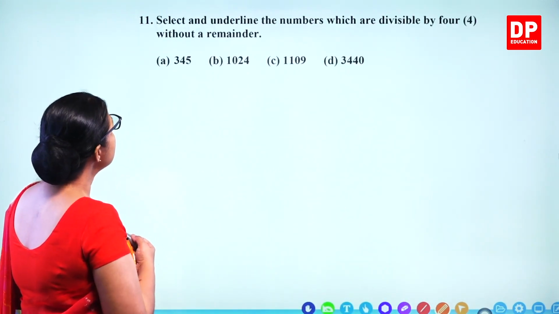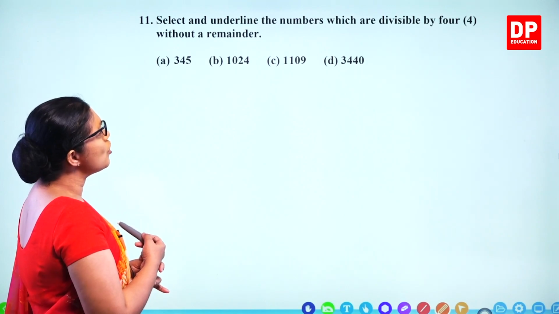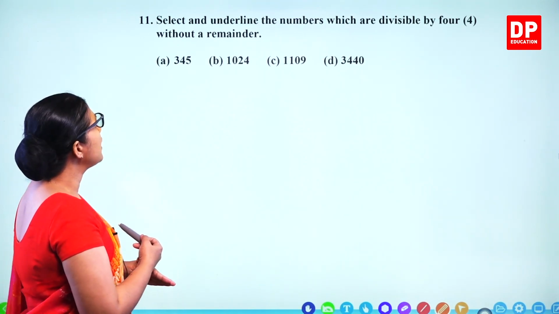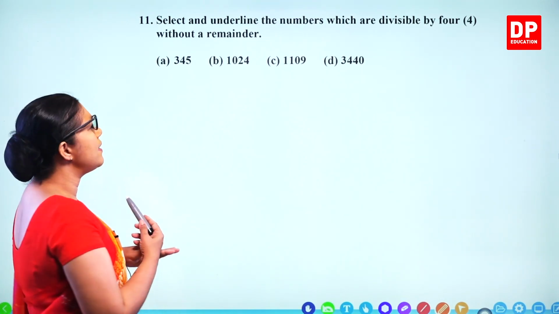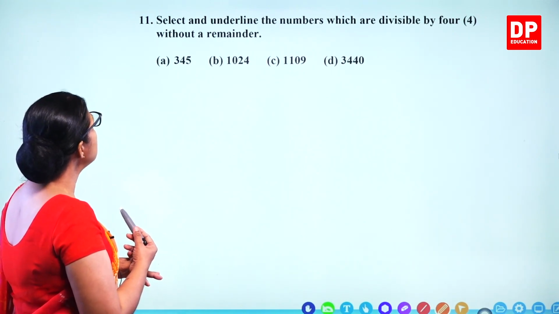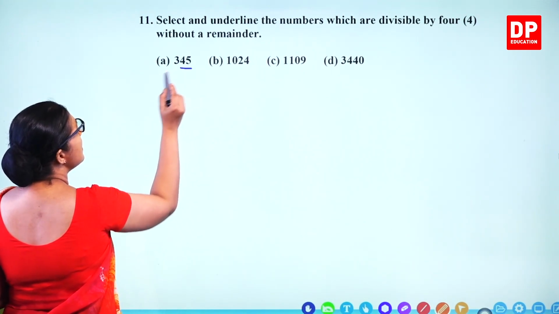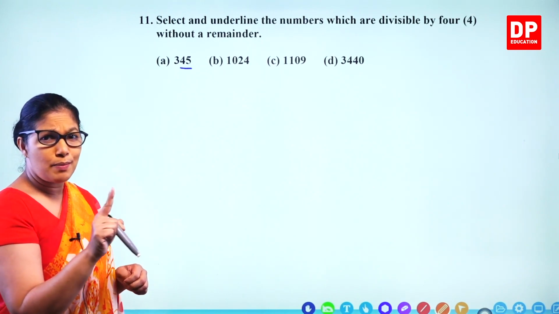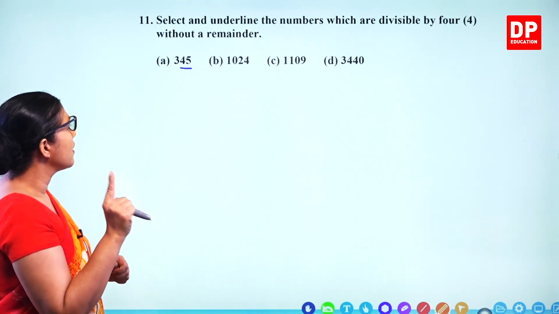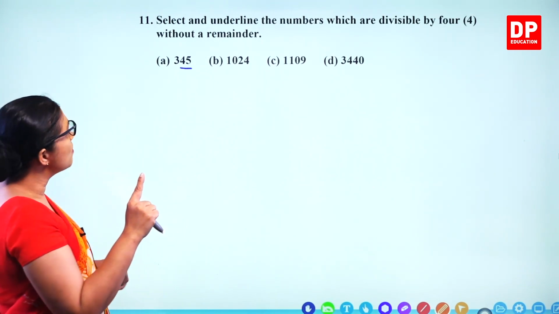Question number 11. Select and underline the numbers which are divisible by 4 without a remainder. How do you identify whether it's divisible by 4? We take the last 2 digits. If the last 2 digits are a multiple of 4, that means the whole number is divisible by 4.